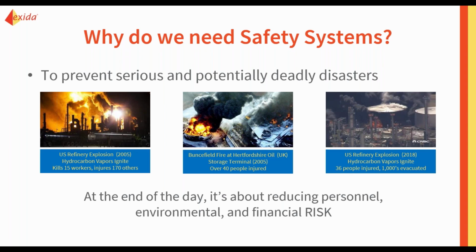These safety systems are to prevent serious and possibly deadly disasters. And at the end of the day, these calculations are all about making sure you are reducing enough personnel, environmental, and financial risk.